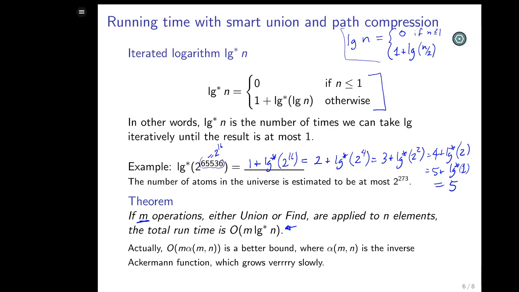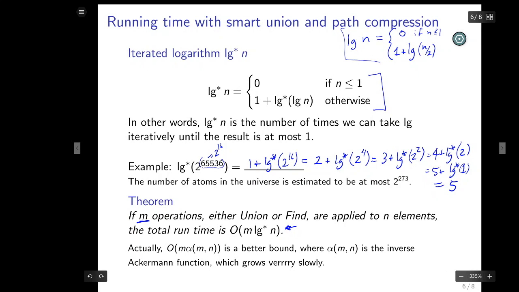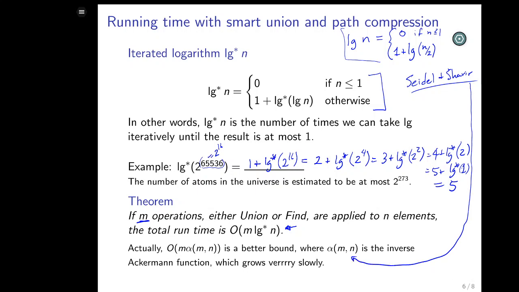Now, this was the original analysis for the disjoint set structure. Later analyses, if you're interested in this stuff, you should look at a paper by Raimund Seidel and Micha Sharir. They showed, well, there were other people that showed this too, but they showed very nicely that it actually is m times the inverse Ackermann function, which is even more slowly growing than log star.